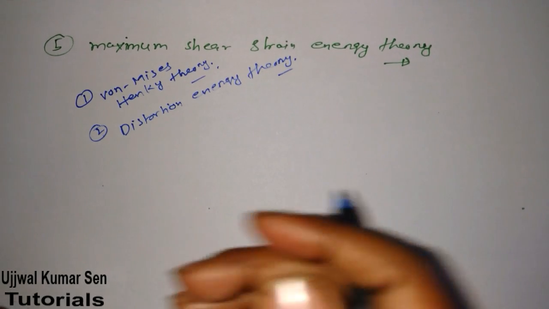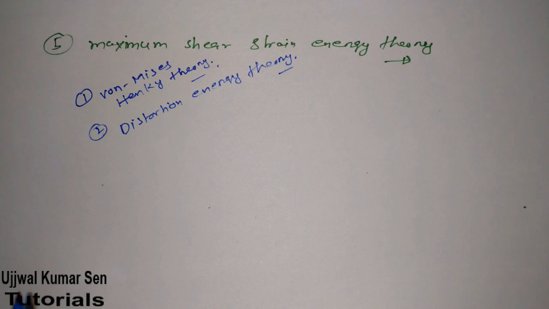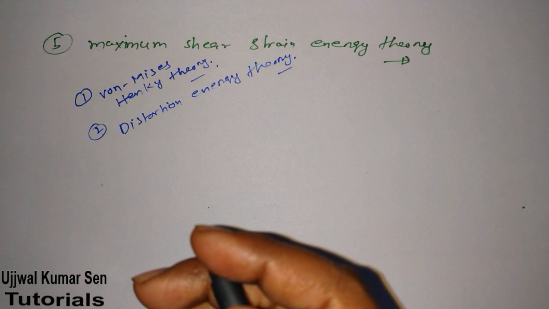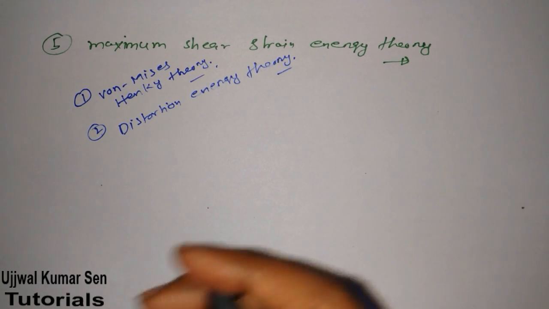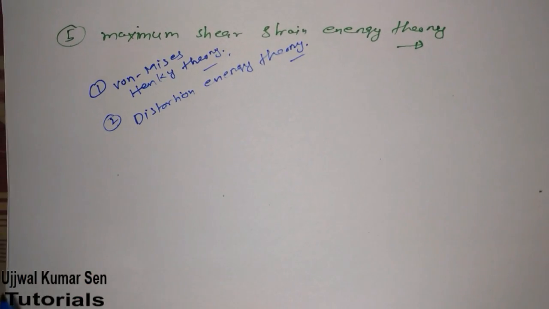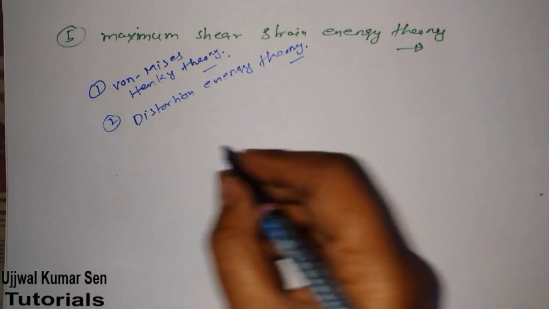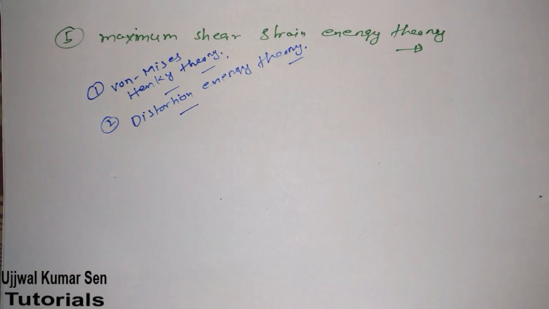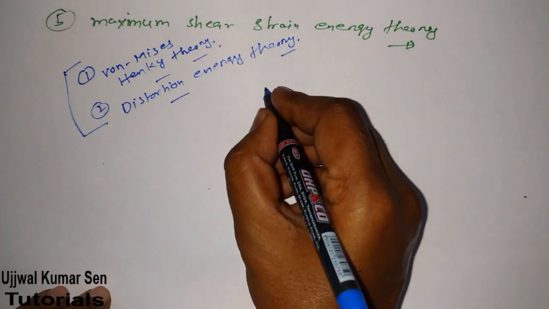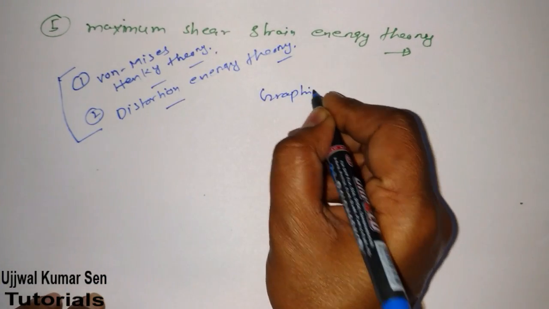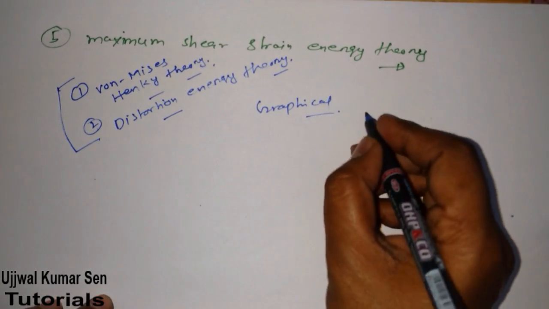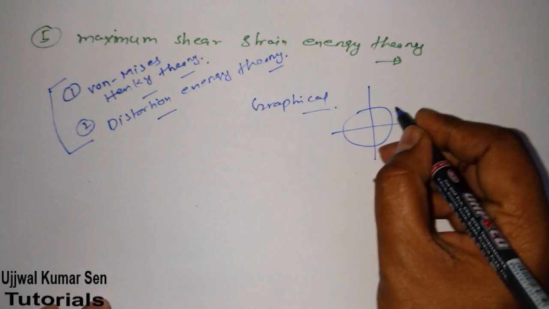One they already asked in GATE from the graphical representation, but that one is quite simple, but I will share with you a question that is related to Mohr's circle. I have already shared it with you, but right now I will also share it in this video tutorial, right? So let's go for this von Mises distortion energy theory. Okay, so this you also need to remember. Now if you are talking about the graphical representation of the shear strain energy theory, then it is an ellipse.